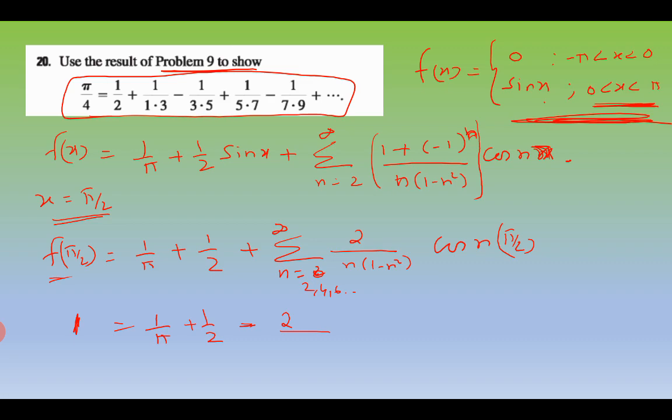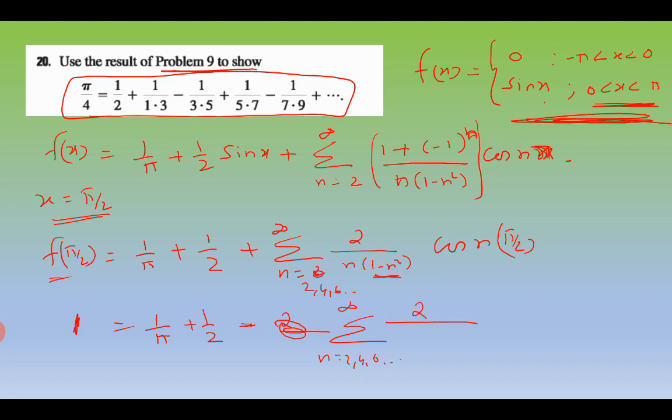You will find when n is 2, you will find 2 over pi into 1 minus n square. I again rewrite this one, then we will expand it.